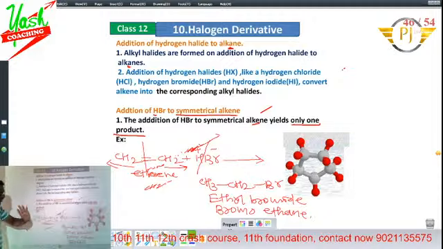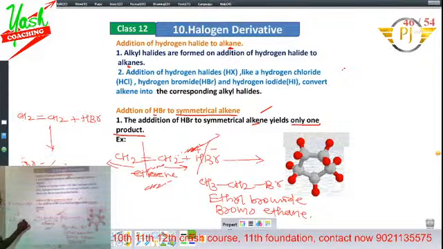That's why only one product is formed. We can also represent this example as CH2 double bond CH2, then addition of HBr, giving Br-CH2-CH2.